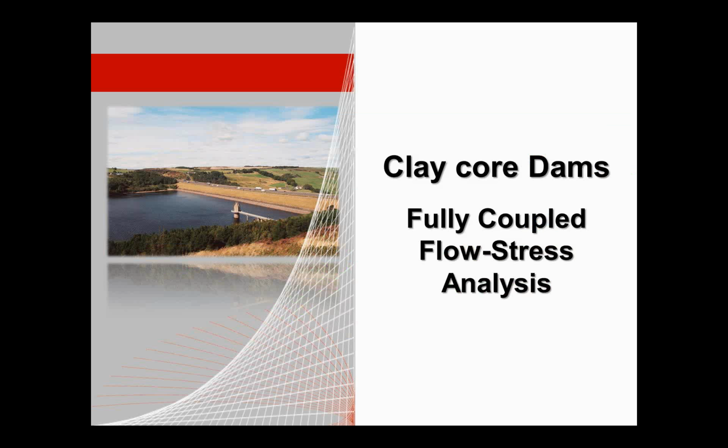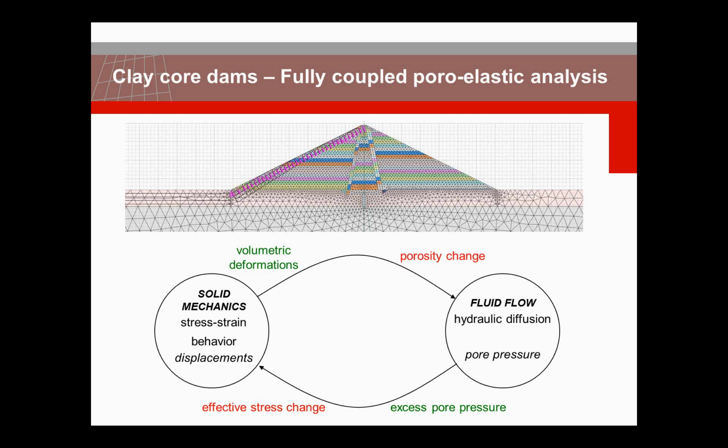One variation of this type of seepage analysis is the following one, where we do not use a staggered approach, but we do a fully coupled flow stress analysis. So this picture is again very similar to the picture I've shown to you 3 or 4 sheets earlier, but there was a cross here in which we said there is only a one-way coupling.